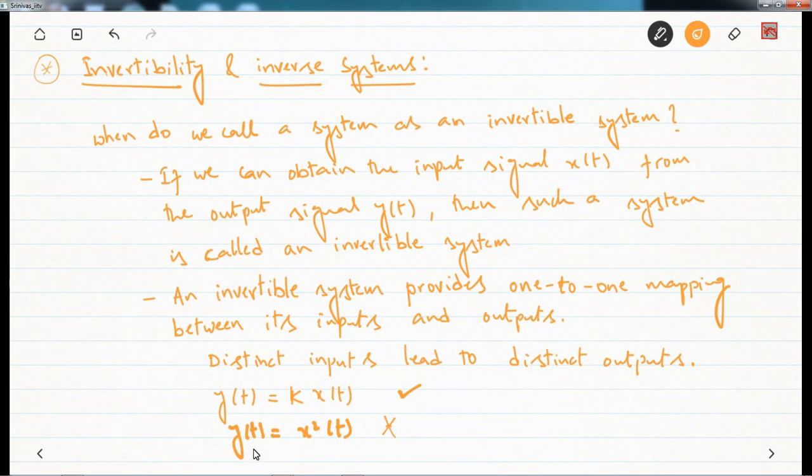This does not provide a one-to-one mapping between its inputs and outputs. Whereas for the system y of t equal to k into x of t, there is a one-to-one mapping between its inputs and outputs. So in this case, distinct inputs lead to distinct outputs. Right. So this is an invertible system.